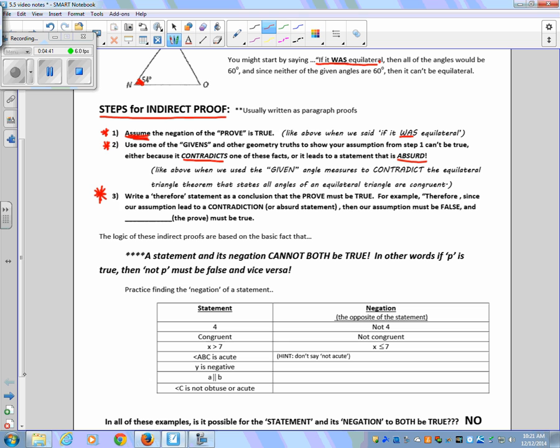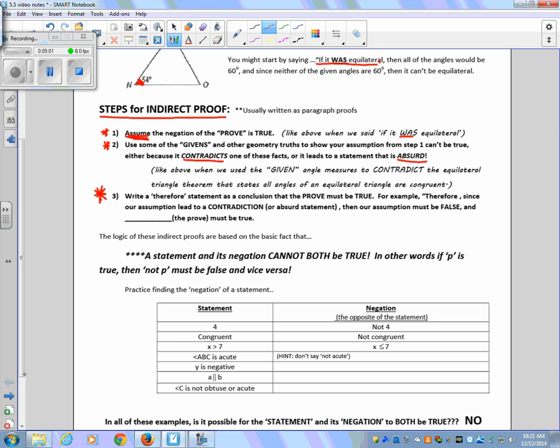Okay, the logic of these indirect proofs is based on the fact that a statement and its negation cannot both be true. In other words, if P is true, then not P must be false, and vice versa.